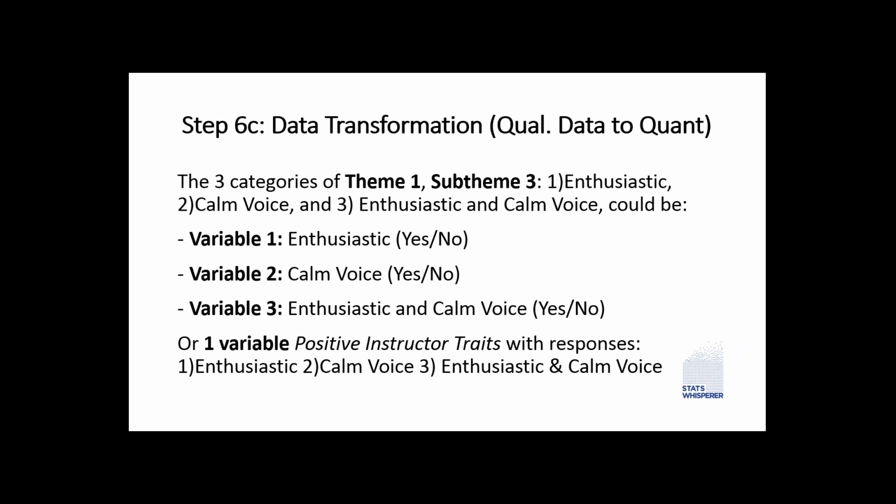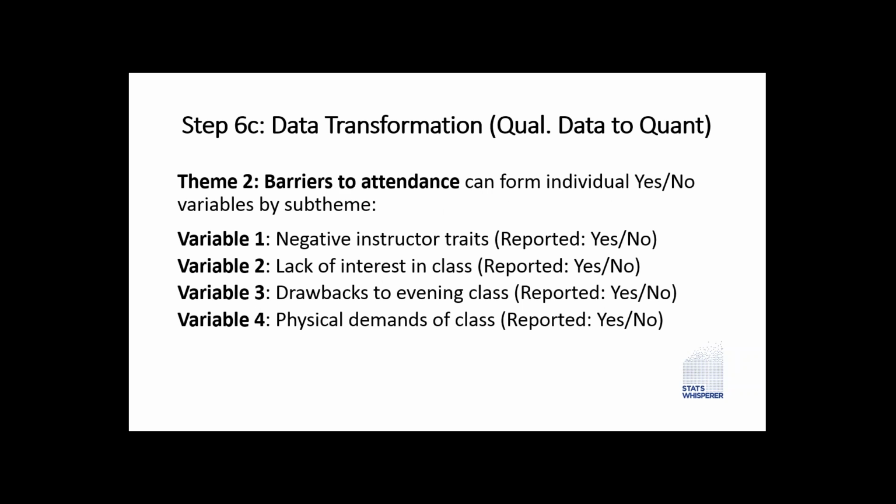Variable 2, calm voice: the instructor had a calm voice that got them to class, yes/no. Or 3, residents that indicated both enthusiasm and a calm voice got them to class. Or it could be one variable, such as positive instructor traits, with the response categories 1, 2, and 3: enthusiastic, calm voice, or enthusiastic and calm voice. Now we'll look at this a little deeper in terms of theme 2, the barriers to attendance.